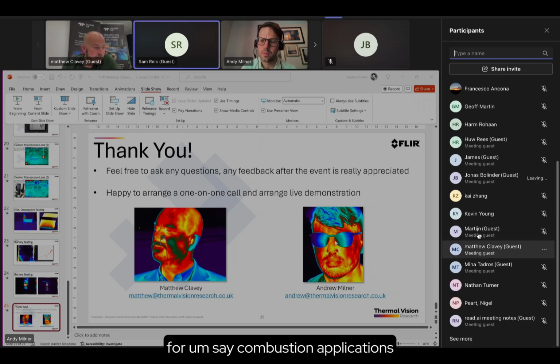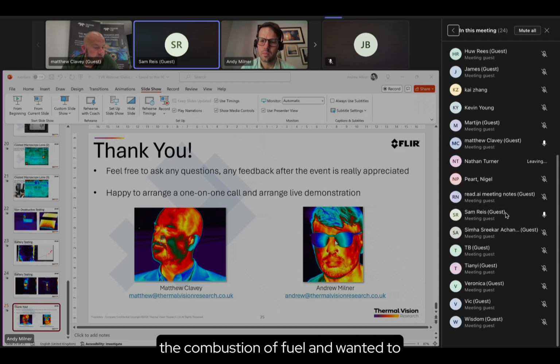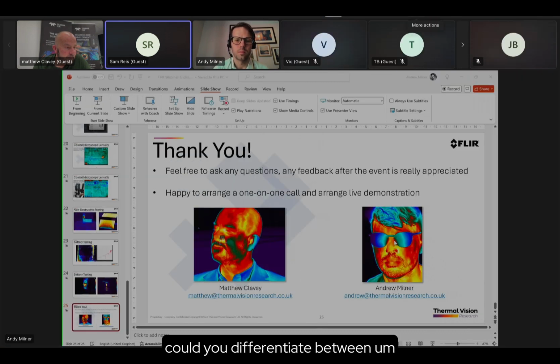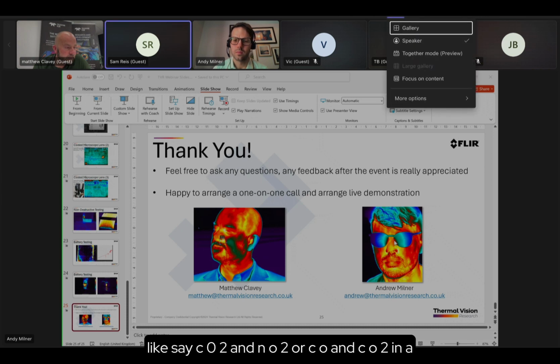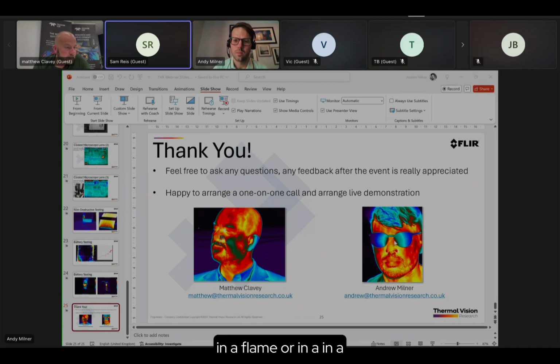Say combustion applications, if you were looking at the combustion of fuel, could you differentiate between, say, CO2 and NO2, or CO and CO2, in a flame or in a discharge from that flame with filters, or is that too complex?